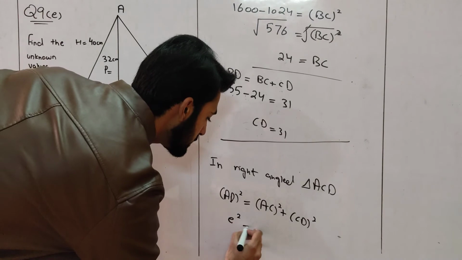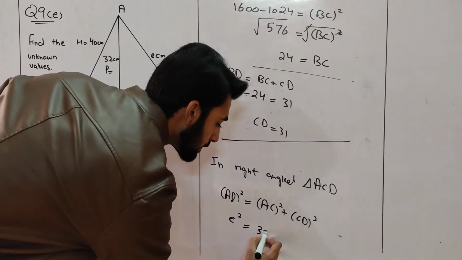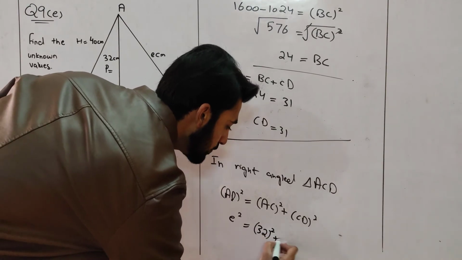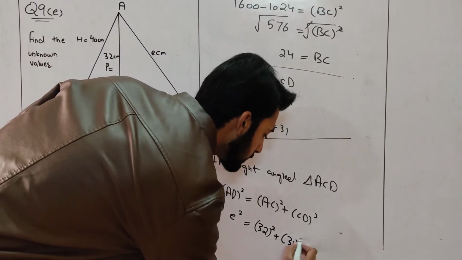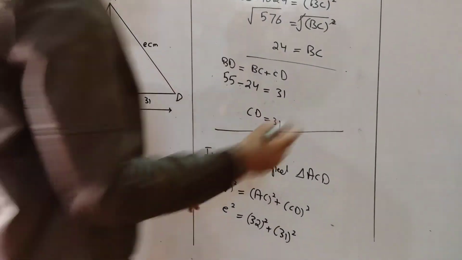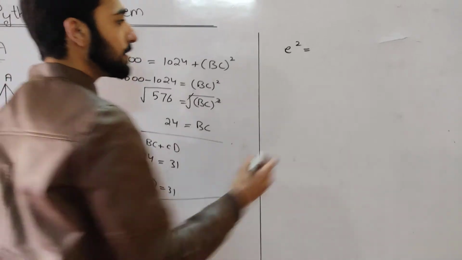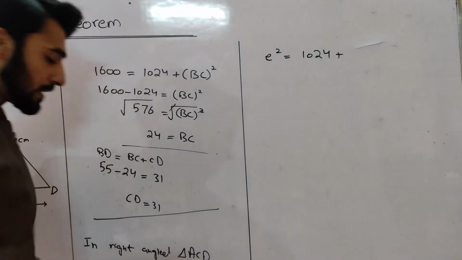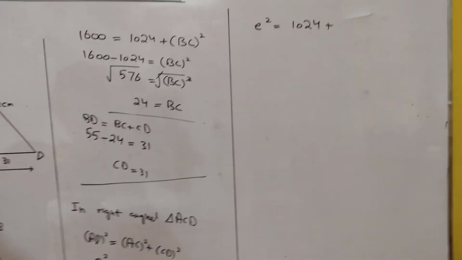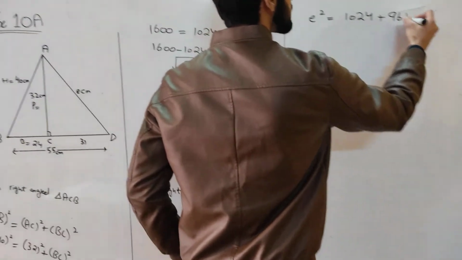So E square equals the square of 32, in place of AC, plus the square of 31, in place of CD. The square of 32 is 1024, plus the square of 31, which is 961.